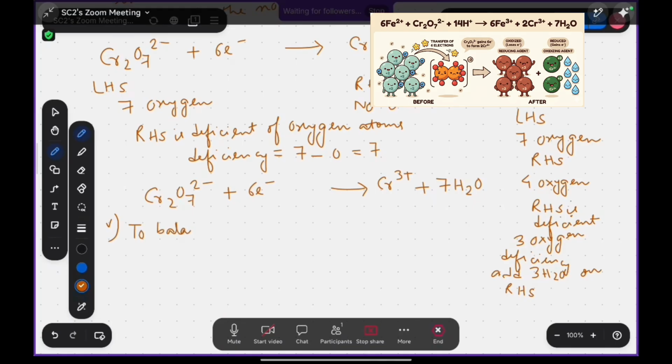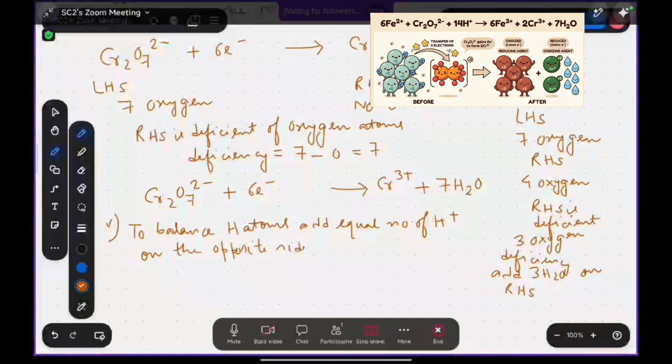To balance hydrogen atoms, add an equal number of H plus on the opposite side to which H2O is added.